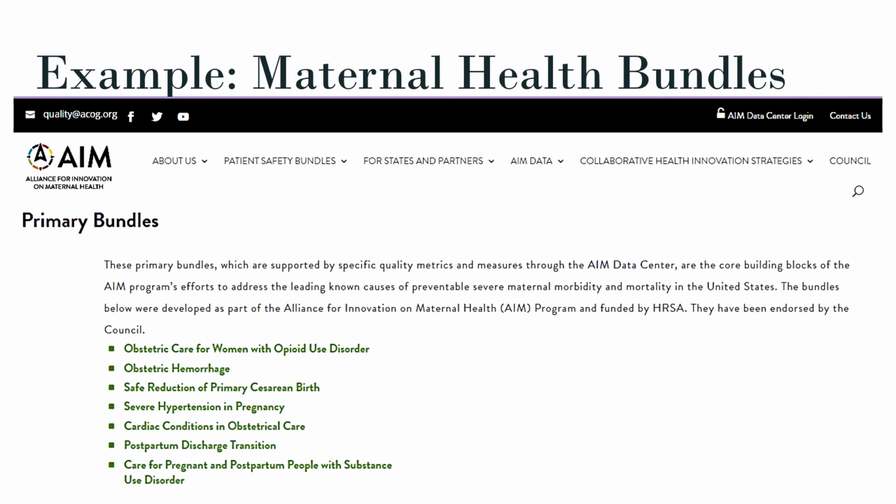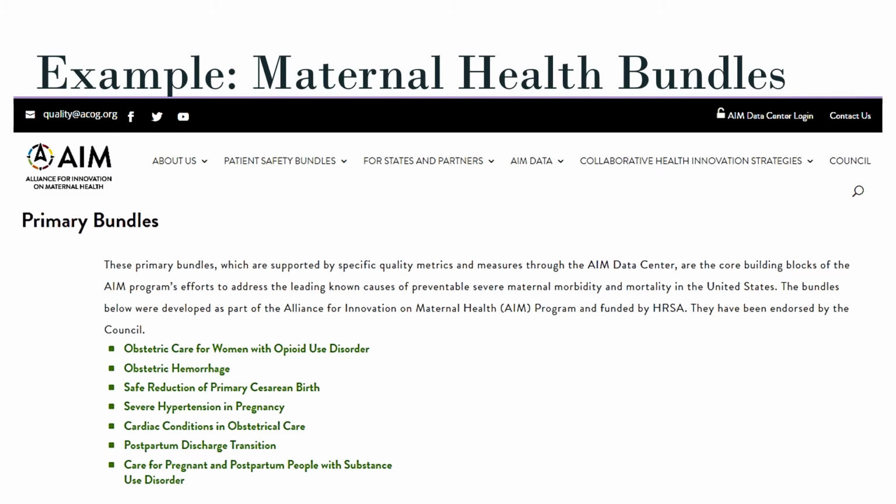So an example of one of IHI's quality improvement projects is the maternal health bundles that the Alliance for Innovation on Maternal Health initiated probably about 7 years ago now.